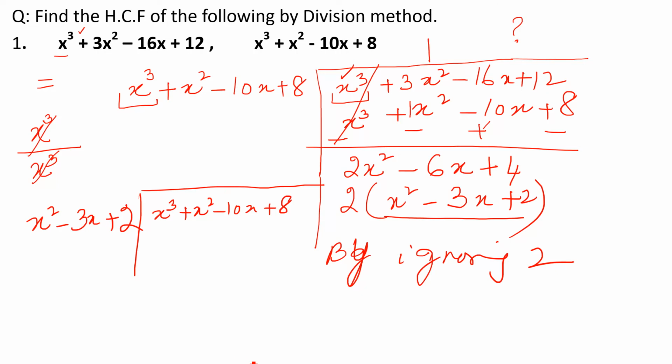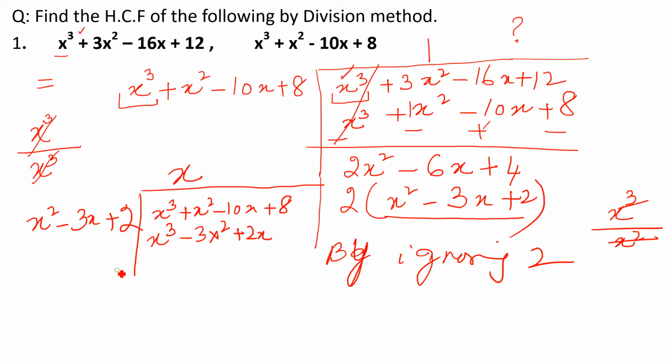Now same process, take the first term of this dividend, which is x cube, take the first term of divisor, which is x square, so 2 will cancel out, x will be in the quotient. Now multiply 1 by 1, first term will be same always, then minus 3x square and then plus 2x.